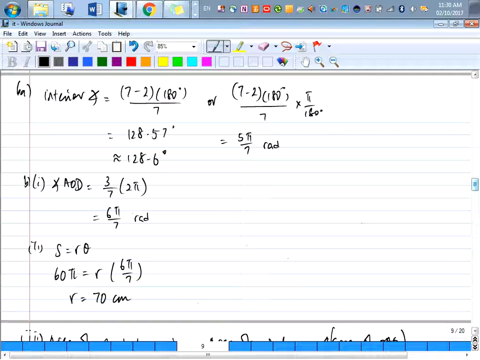Execute it. Other ways of doing it will be to find area of one sector minus area of one triangle. Then you will get the little shaded area. Okay? Then you multiply it by 7. Then you add it to 4 times the area of a triangle.